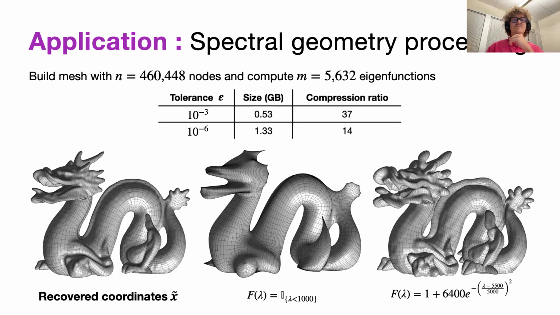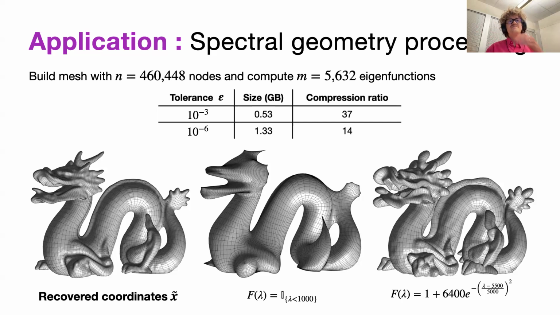But if we look at the compression sizes, if we ask for only a 3-digit accurate transform, we can get that down from 20 gigabytes to only half a gigabyte, so a compression ratio of about 37. And if we want a higher accuracy transform, say 6 digits, we can still easily fit that in our computer with 1.3 gigabytes, so a compression ratio of about 14.